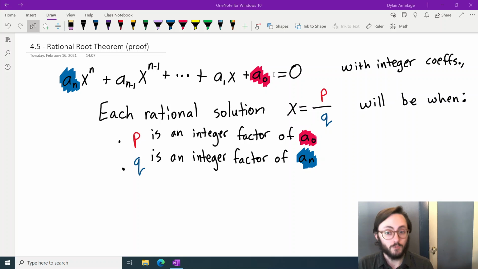Then each rational solution of this polynomial, so x equals p over q, right? Rational, ratio, a fraction, will be when p is an integer factor of a sub 0, which is our constant term, and q is an integer factor of a sub n, which is our leading coefficient.